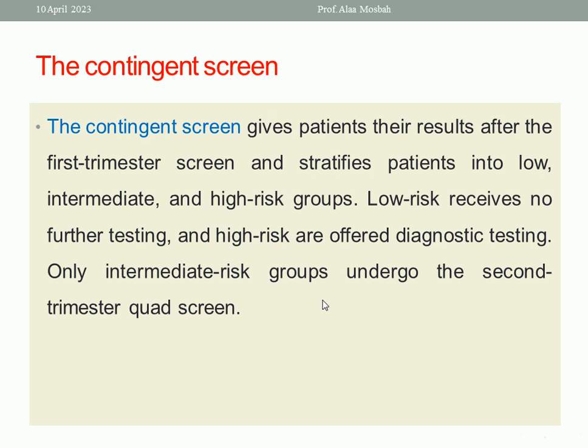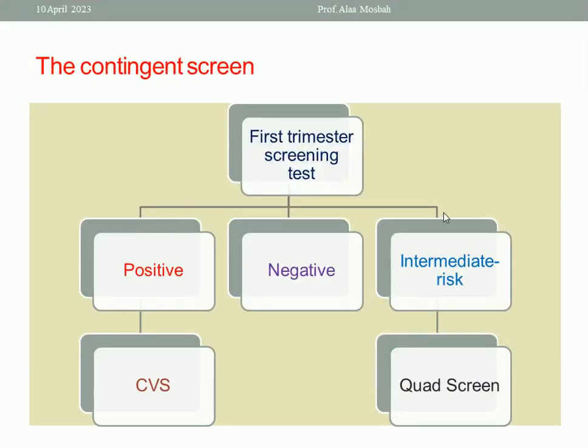What about the other expression, the contingent screen? The contingent screen gives the patient the result after the first trimester screen and stratifies patients into low, intermediate, and high risk groups. Look at this figure, please. We did first trimester screen test. Okay? Then we have here three results, either positive, negative, or intermediate risk.